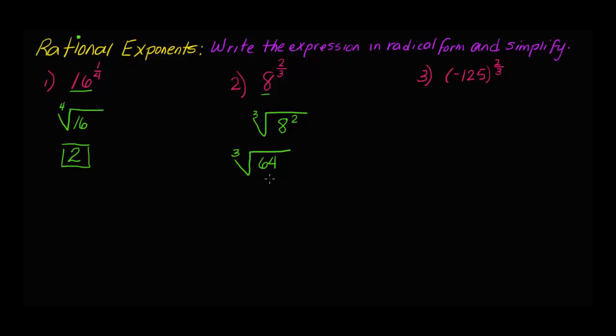I ask, what number do I multiply by itself 3 times to get 64, and that number is 4, because 4 times 4 times 4 is 64. So I've simplified this. This is equal to 4. Okay, now let's do the second method here.